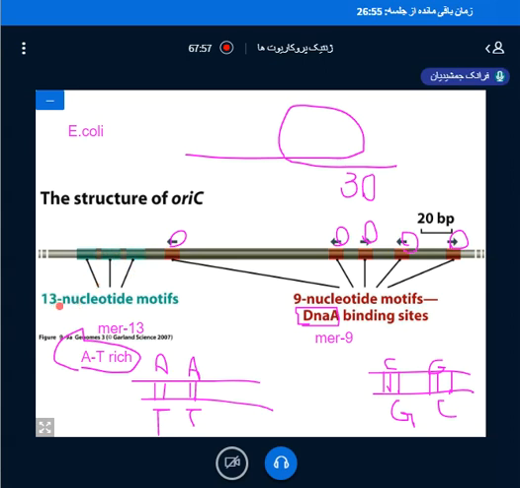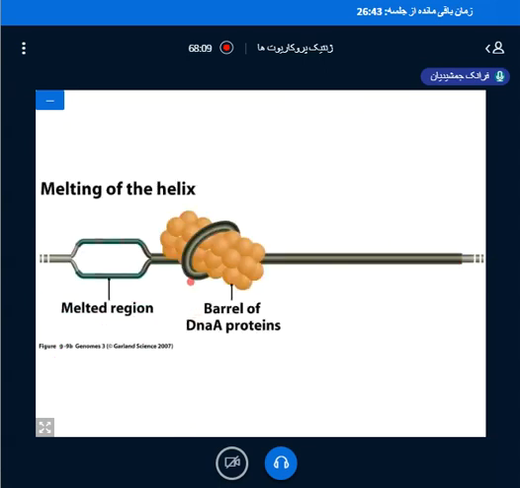What about the 13-mer? The 13-mer was AT-rich, which means the hydrogen bond is so weak. So after the DNA folds around the DnaA barrel, it will force the 13-mer domains, where the hydrogen bonds are so weak, so the DNA separates. Understand?